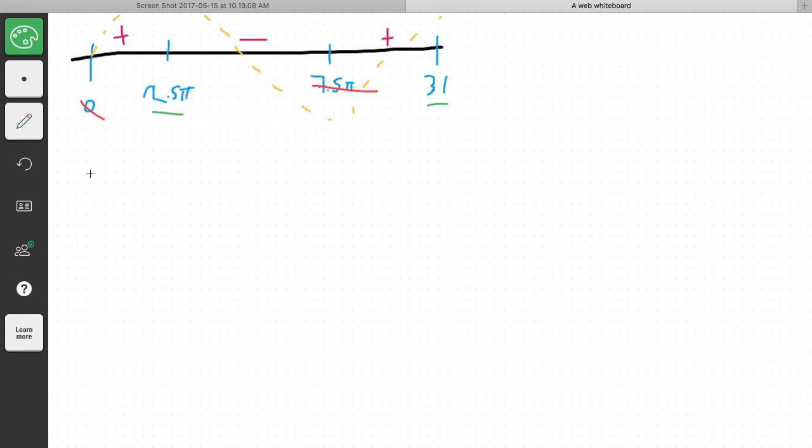So we're going to say A of 2.5 pi is equal to the integral from 0 to 2.5 pi of r of t dt, plus 1,000.